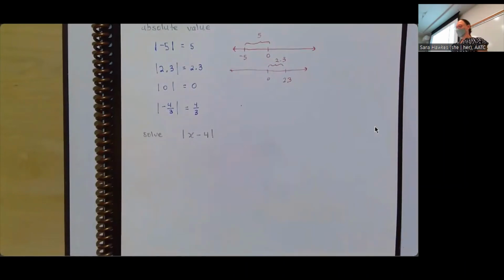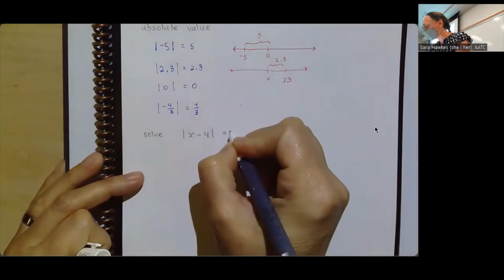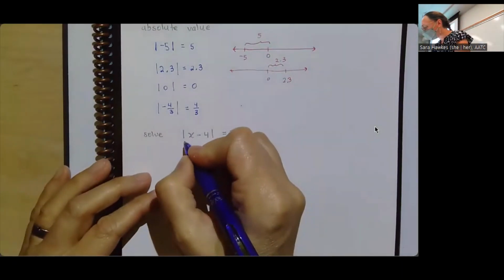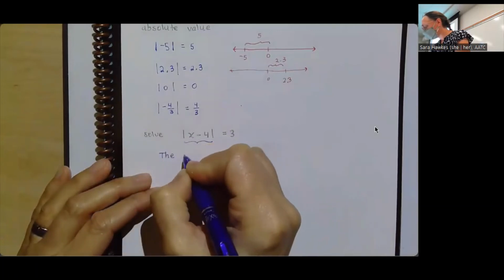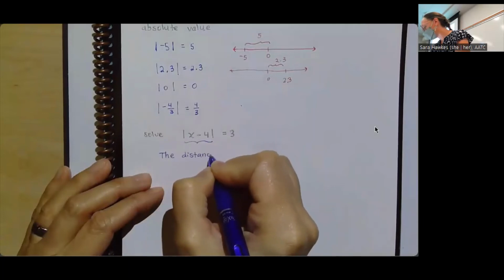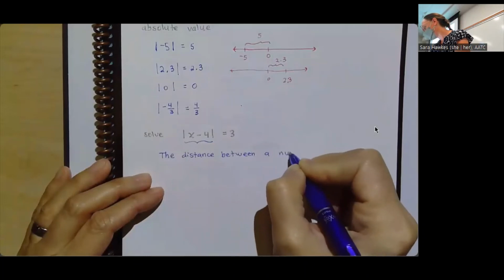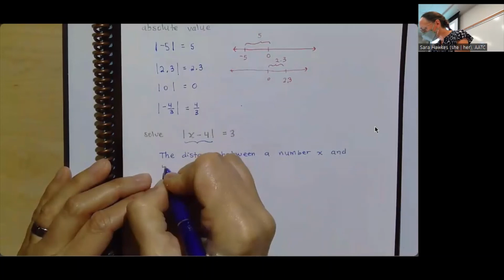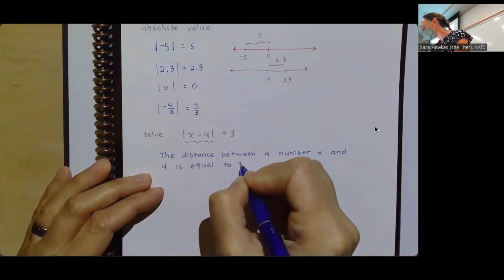But if I said the absolute value of x minus 4 is equal to 3, then what this means on the number line is I can read this part out as the distance between a number x and 4 is equal to 3.